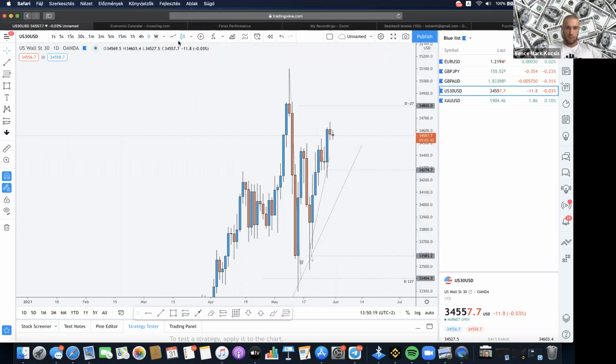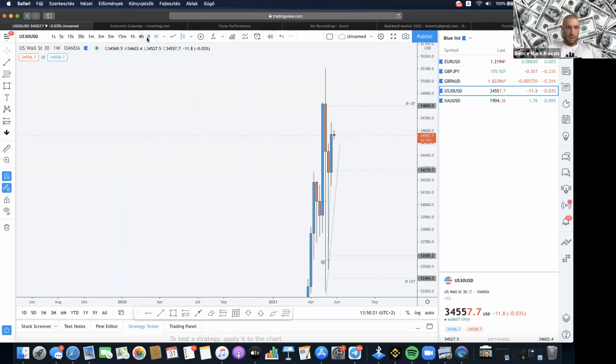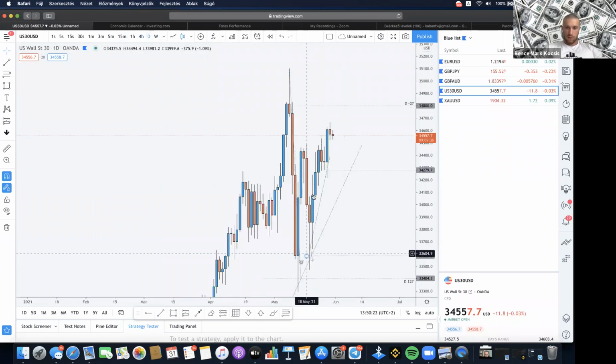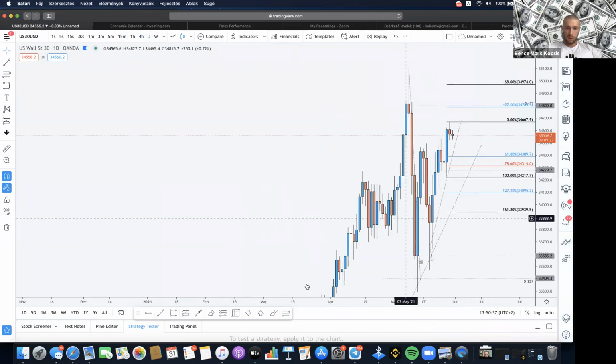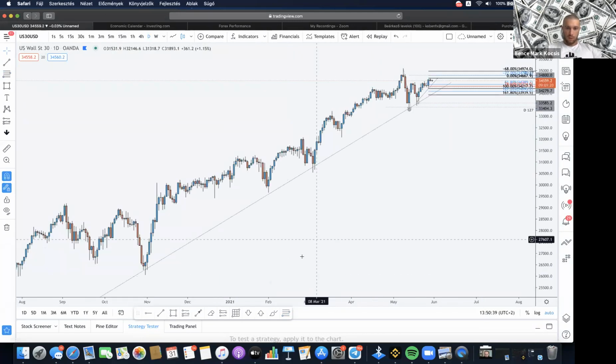Basically, that was the weekly Fibo, sorry. And on the daily, you can see it makes the break of structure and it's creating higher highs and higher lows. So Fibo from this low to this high, you can see the weekly and the daily minus 27 match perfectly with each other. So it's also a good confirmation.